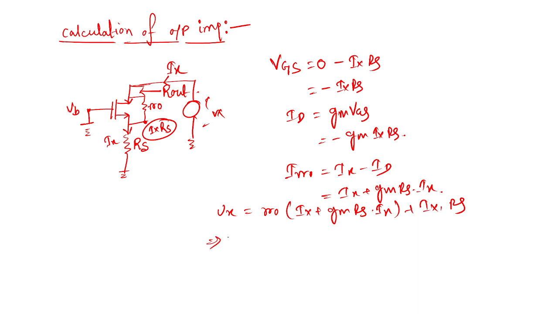If you take Ix common, it becomes (R0 plus gmRsR0 plus Rs).